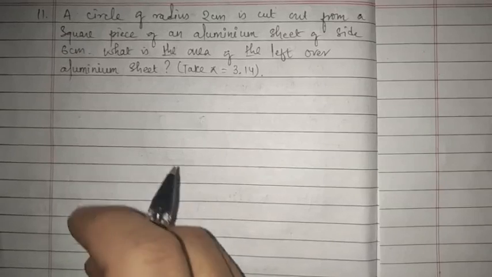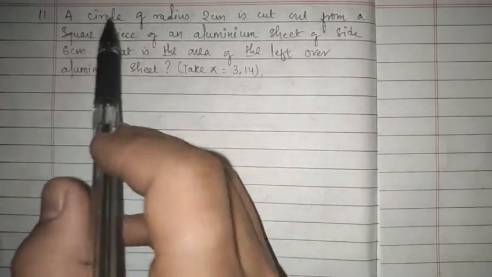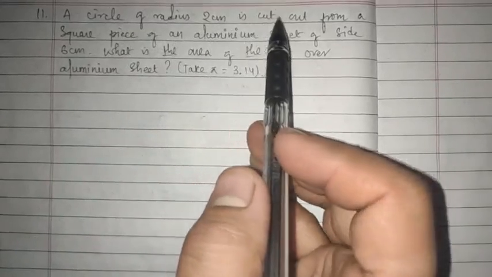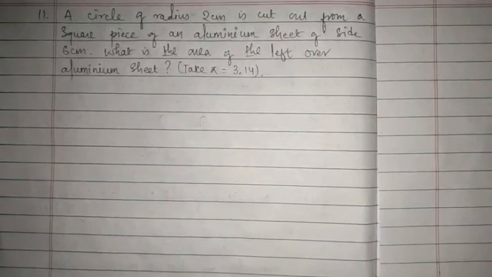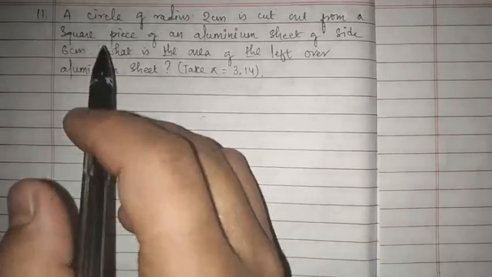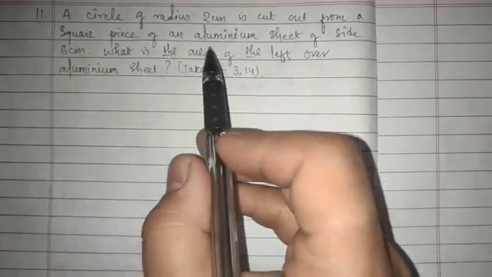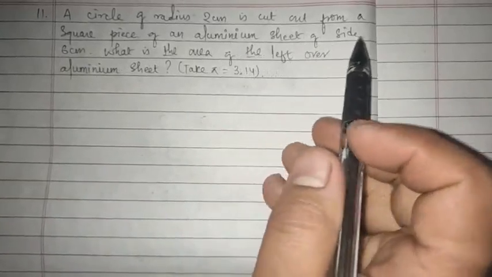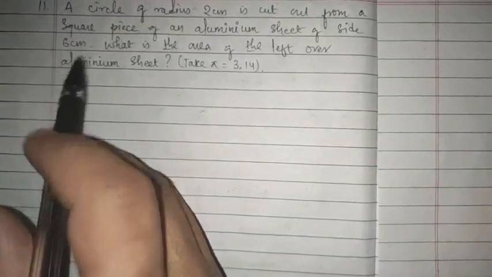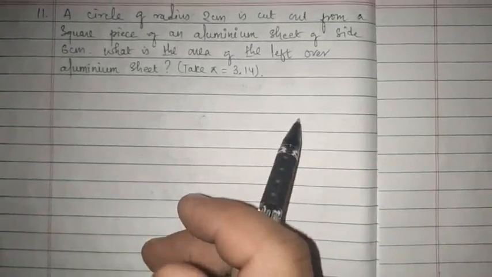Here we have question number 11. A circle of radius 2 centimeter is cut out from a square piece of an aluminium sheet of side 6 centimeter. What is the area of the leftover aluminium sheet?